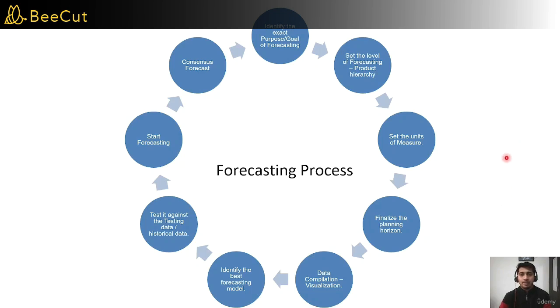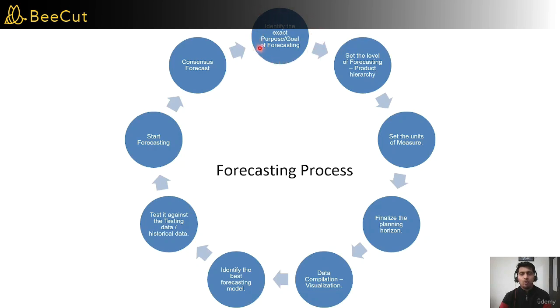But again, the goal of the forecasting process is not only to be accurate. Of course, being accurate is one of the aspects we expect from forecasting. But we need to keep in mind what you expect.